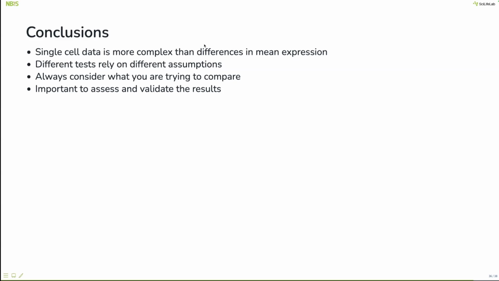Yeah, it's a good question, and there's no easy answer, I would say. If it is possible to change the experimental setup to sample them at the same time, that will help.